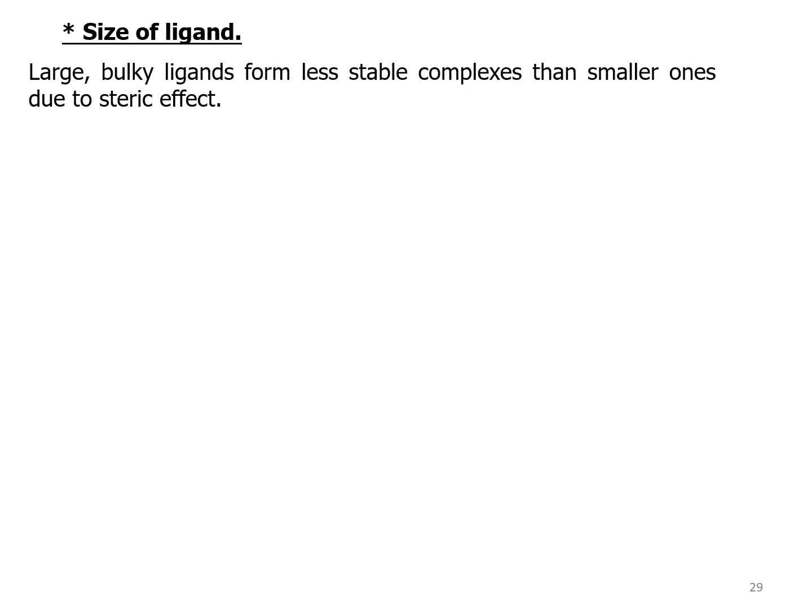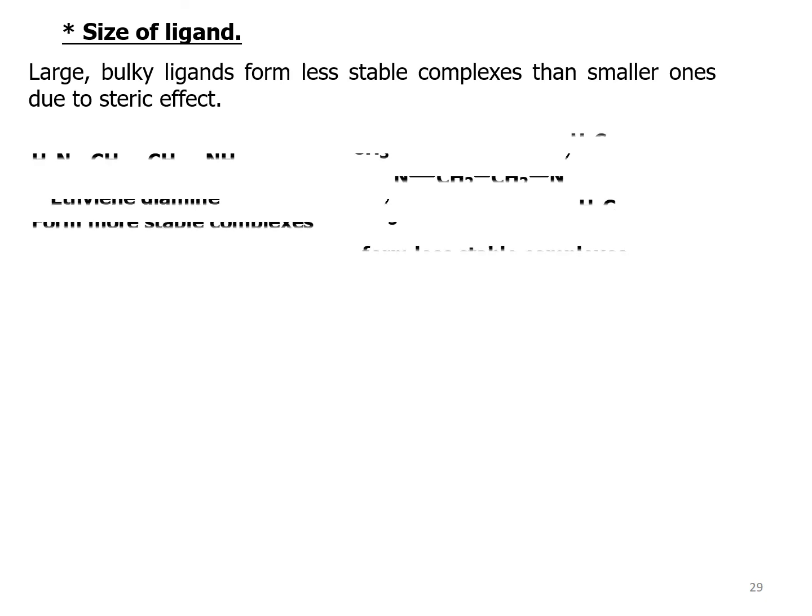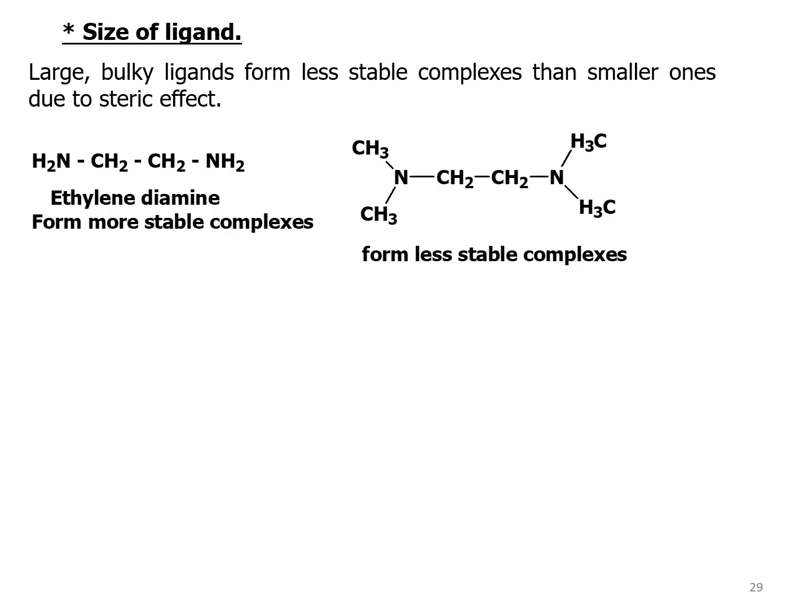Size of the ligand: two large bulky ligands form less stable complexes than smaller ones due to steric effect. For example, ethylene diamine forms a more stable complex than other bulky ligands.